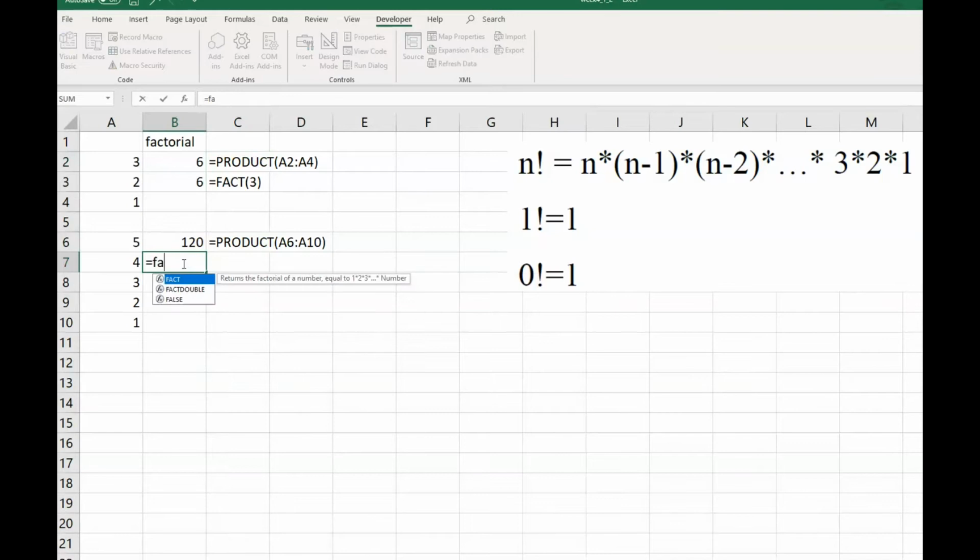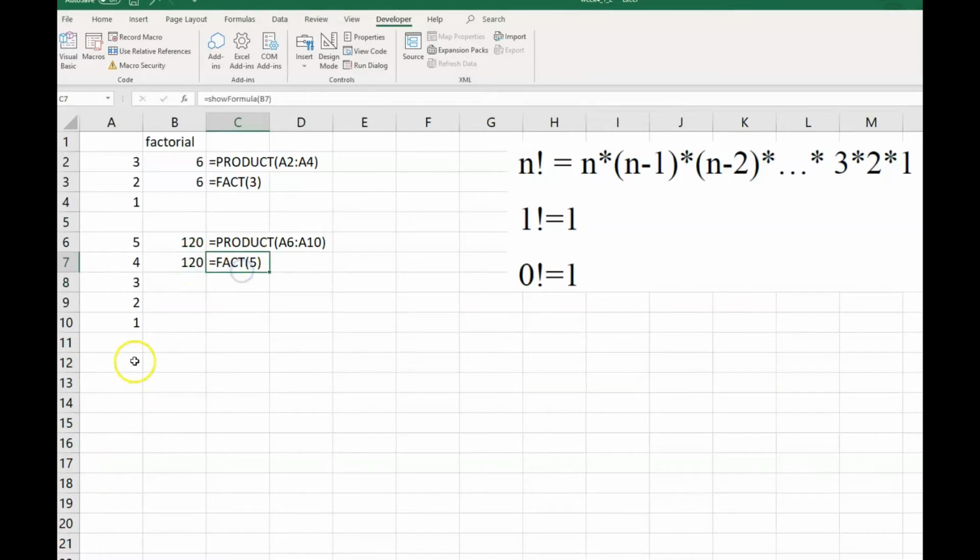You see, FACT factorial, because we're interested in the 5, so this is 5. Okay, so this is show formula, so this cell, okay, it's 5. Okay, so I'll enter 6, 10, 12, and 15.